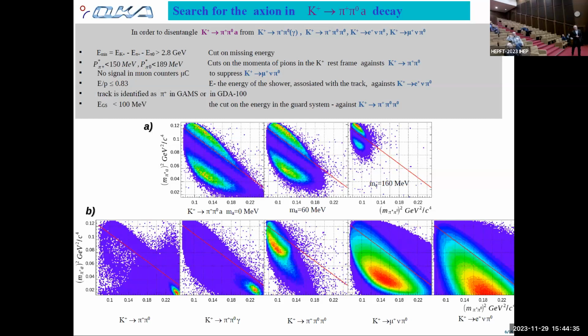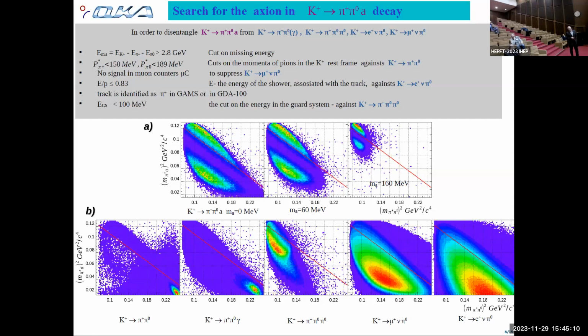So after this suppression of backgrounds, we still have some, and they are seen in the Dalitz plot. The parameters of the Dalitz plot are pi plus pi zero mass squared and pi plus axion mass squared. So here is signal Monte Carlo for 3 different masses of axion, and here are backgrounds from background Monte Carlo.